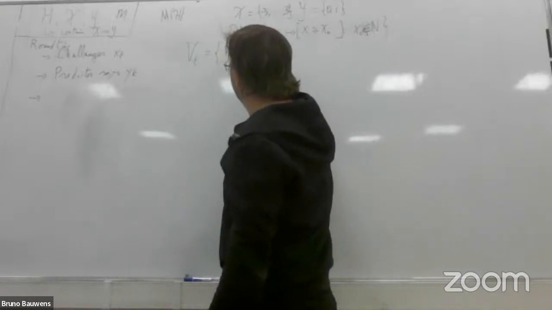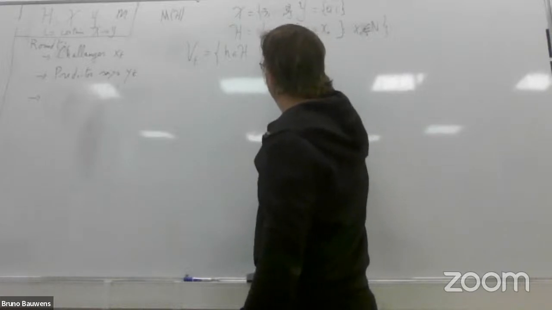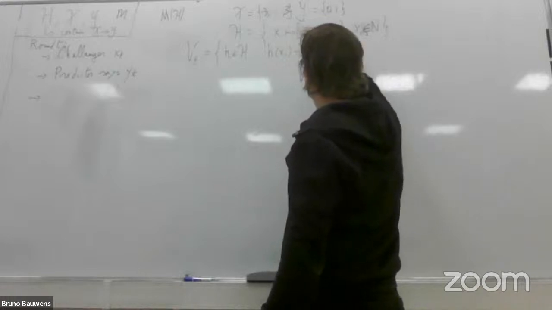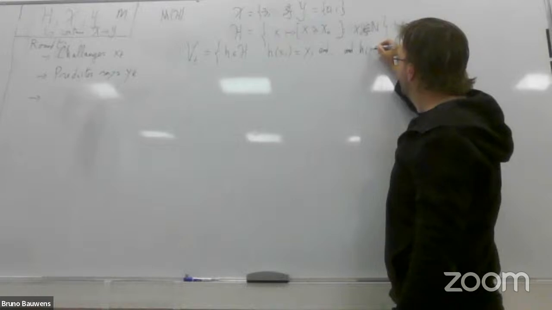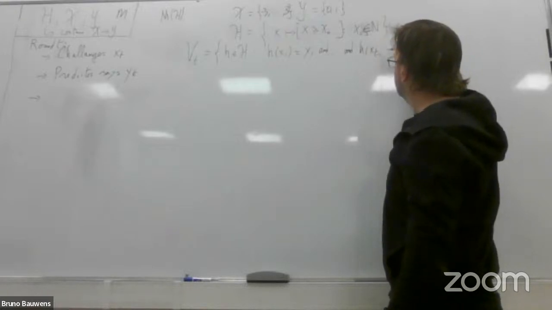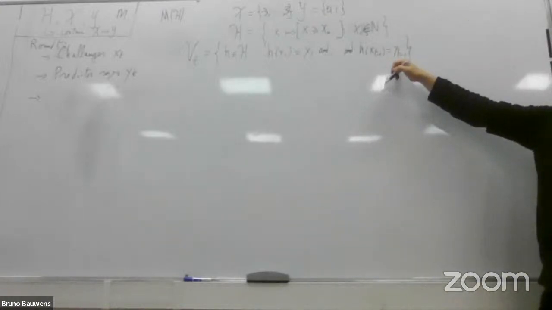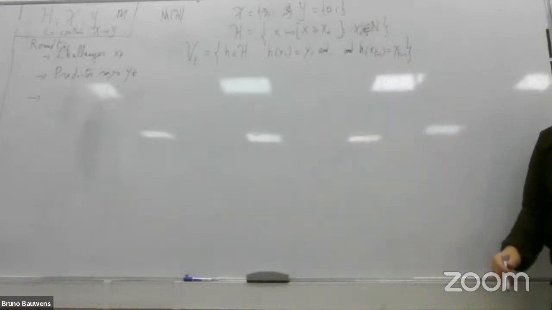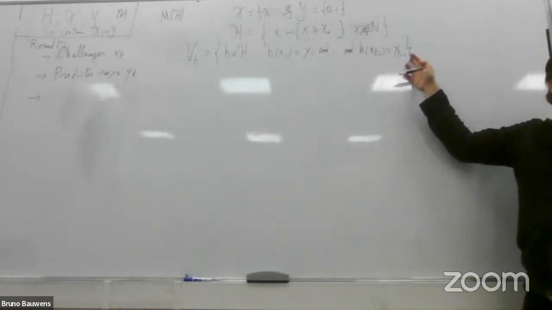So the set of all h in H for which h(x_1) equals y_1 and h(x_{t-1}) equals y_{t-1}. I forgot whether I skipped t or I decreased the index by 1 or not. So the version space at round t, yeah. So you look until the previous one.